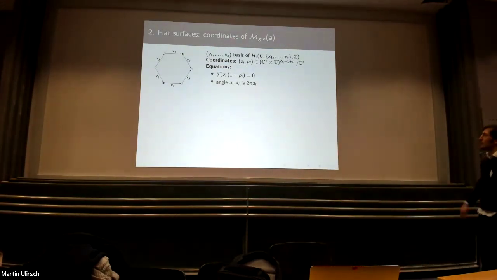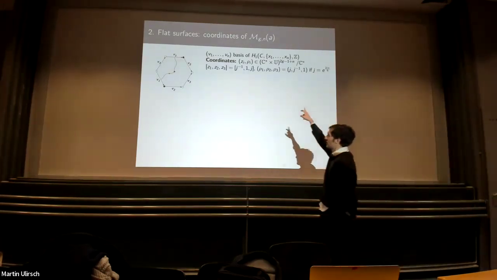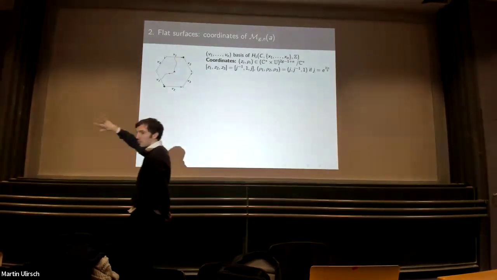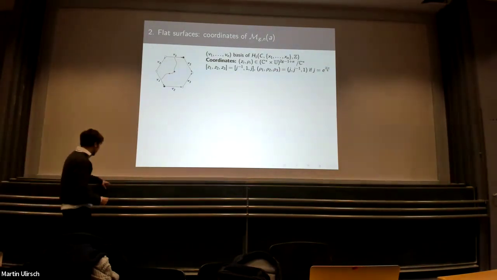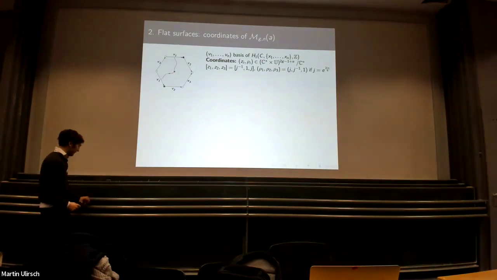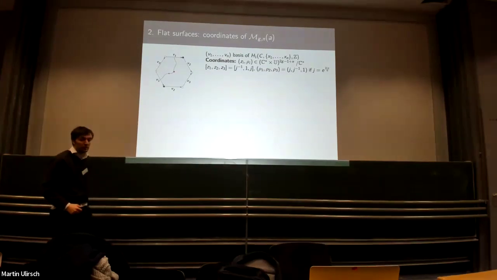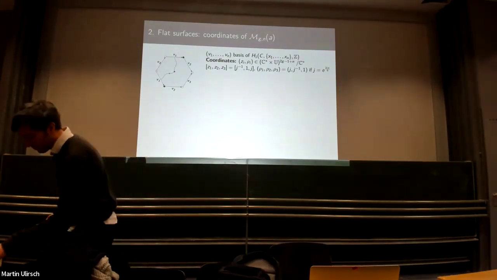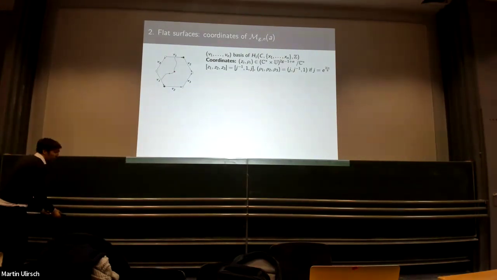So you see, I have too many coordinates. First thing, I have to take a quotient by C star, because if I just rotate all my polygon or scale it, I still get the same flat surface. It's an isometric surface, up to scale. But if you just take a quick computation of dimension, it's supposed to be the moduli space of curves, so at least the dimension should agree.